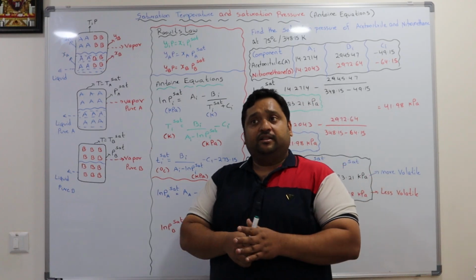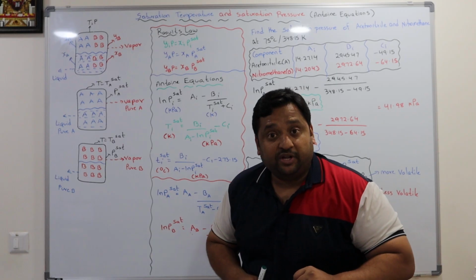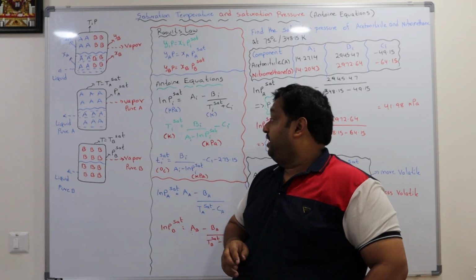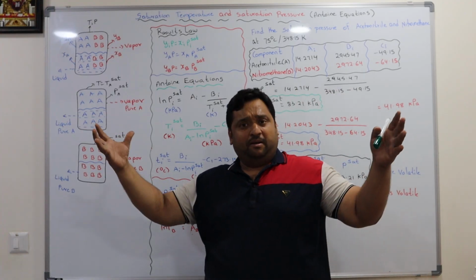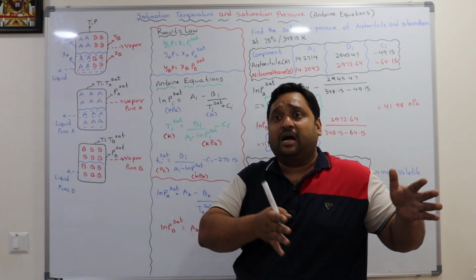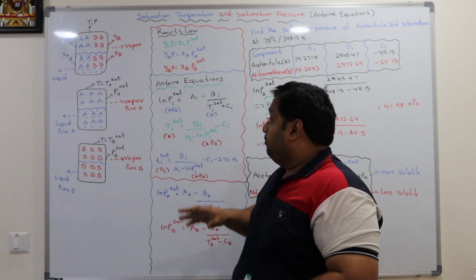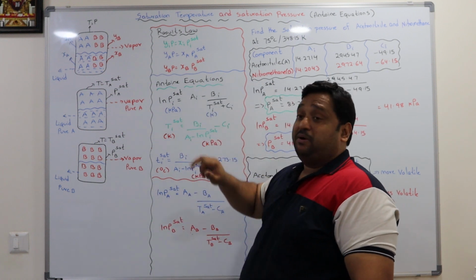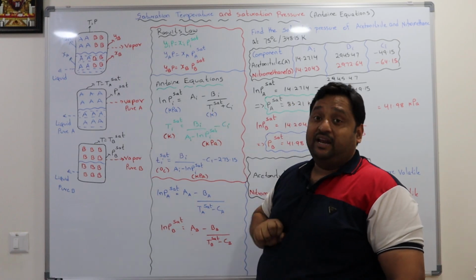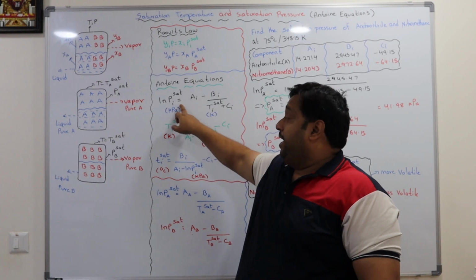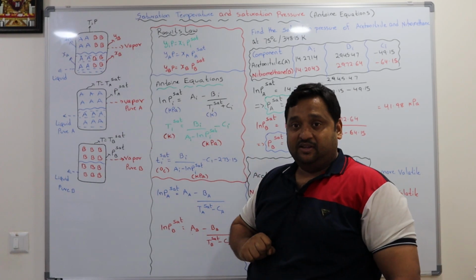Similarly, there are different constants given in various textbooks. The majority of students make the mistake of not checking what unit they should take, because different textbooks come with slightly varying equations. If you are using this particular equation, the capital T temperature should be given in Kelvin, and the pressure you get from this equation will be in kilopascal.